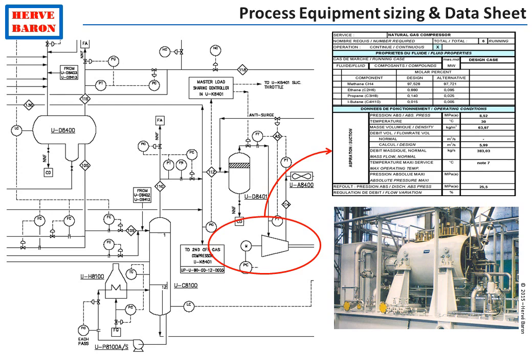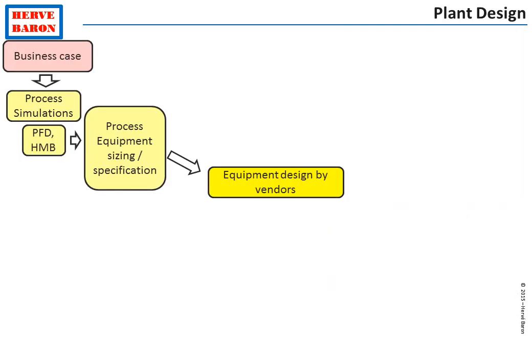For this type of equipment, process issues a duty specification which only shows the duty, i.e. for this compressor, the flow, the inlet pressure, outlet pressure, and of course the fluid composition. The sizing will be left to the vendor. To perform its design, the vendor needs the specification from process and also the material of construction of the equipment.